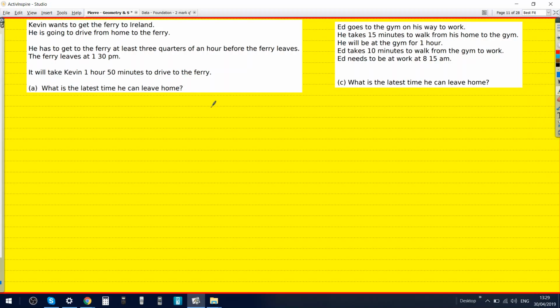Okay, how about top left? Okay, let's get for this one. Then he's going to drive from home. He has to be at the ferry three quarters of an hour before the ferry leaves at 7:30.